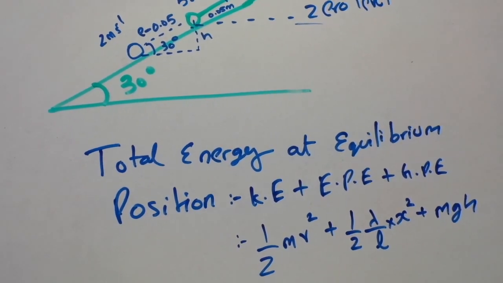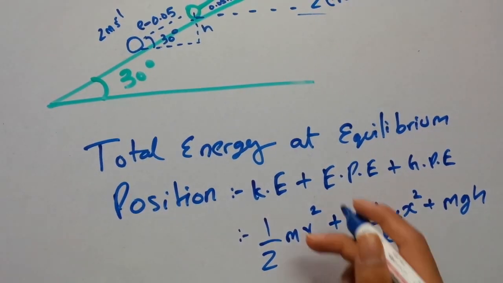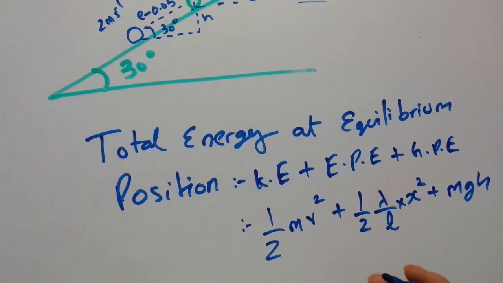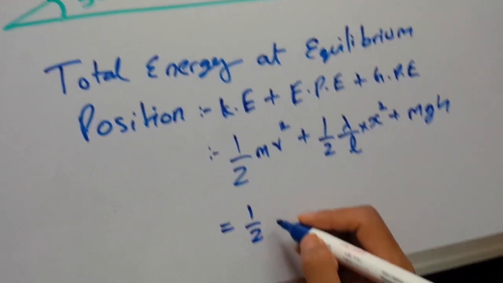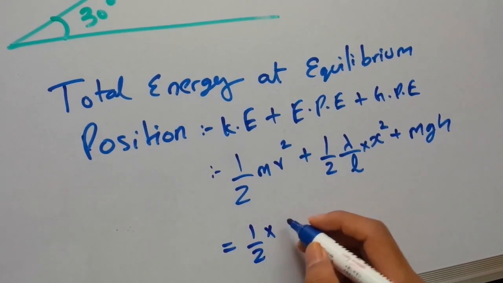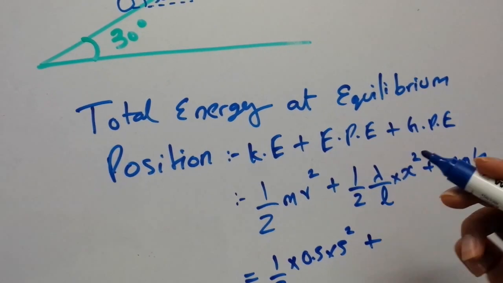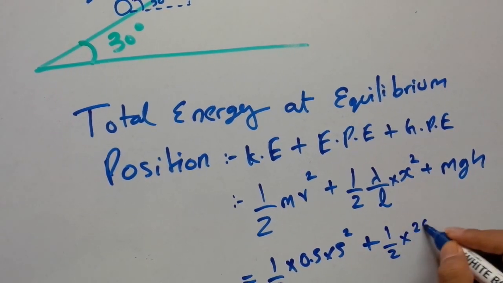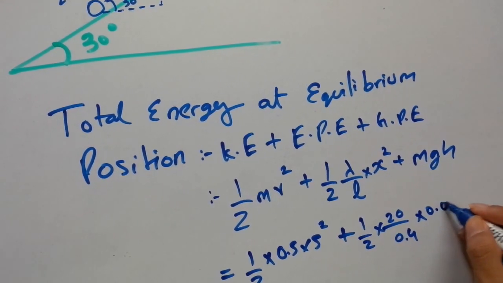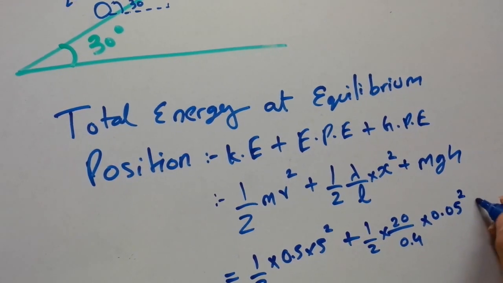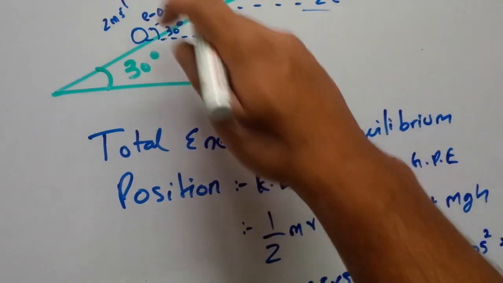Half mv square, so the speed of the particle initially is 5 meters per second and mass of the particle is 0.5. Substituting that, you should be getting half into 0.5 into 5 square plus half into 20 upon 0.4 into 0.05 square plus 0, as the change in height is 0 at the initial point.